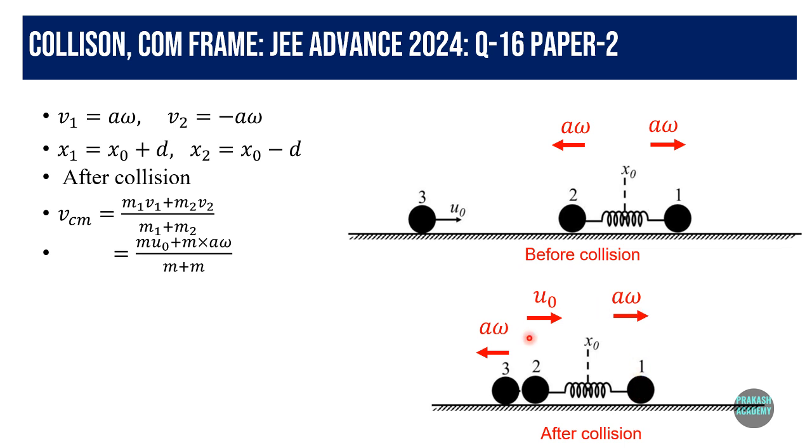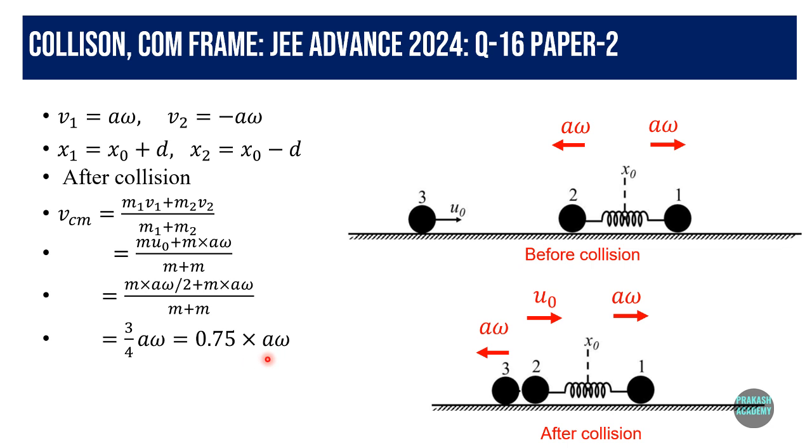If I write for 2, this is m times u naught, that is for 2, and m times a omega, that is for this one, divided by m plus m, that is 2m. And in the question it is given that u naught is equal to a omega by 2. So, if you solve, then this becomes 3 by 4 a omega. 3 by 4 is 0.75 a omega.